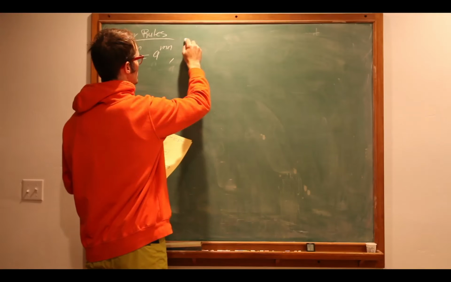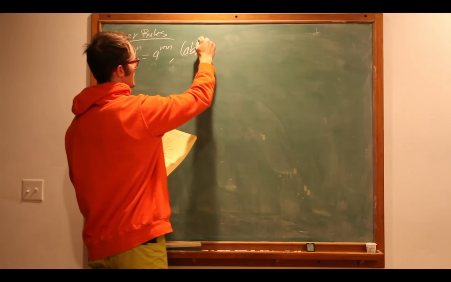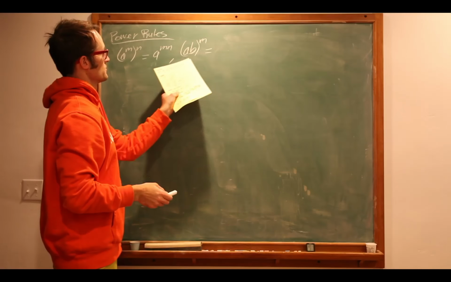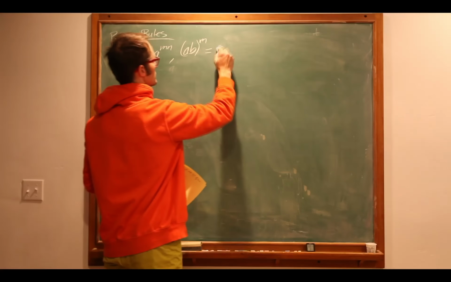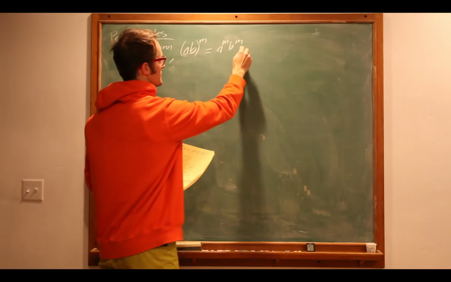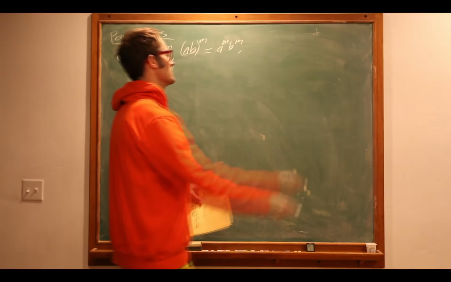ab raised to the m. This is different. This is saying this whole thing raised to the m, so it's going to be a to the m, b to the m. Okay, next rule.